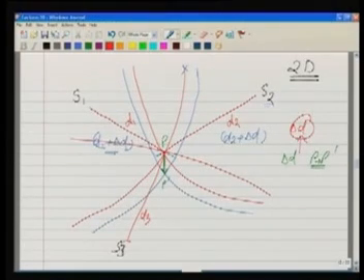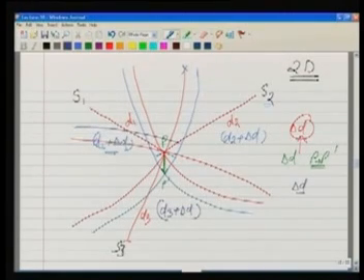Red is the case when there is no error. But when there is error, delta d, we will be measuring d3 plus delta d, so we will be positioned somewhere along this arc.